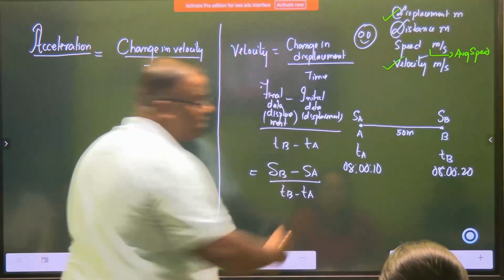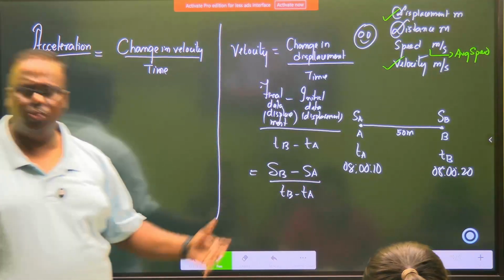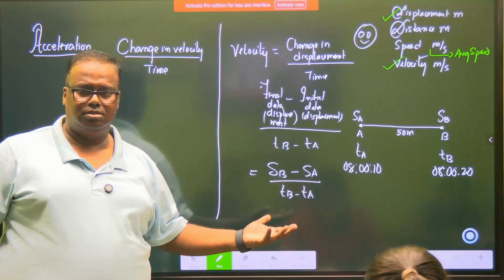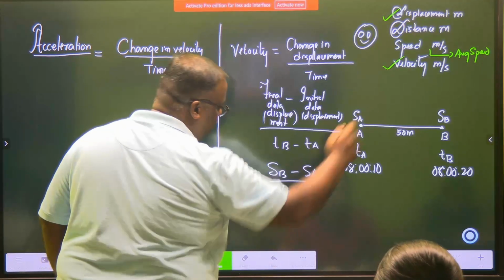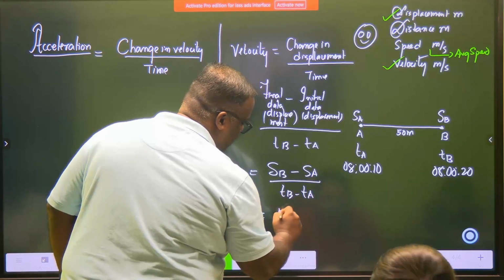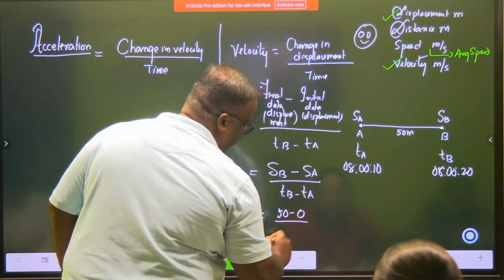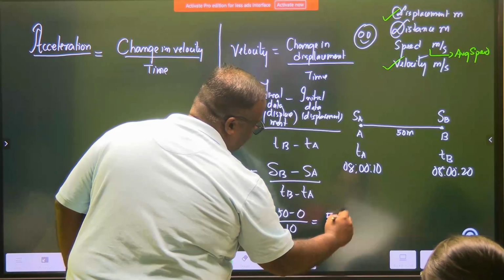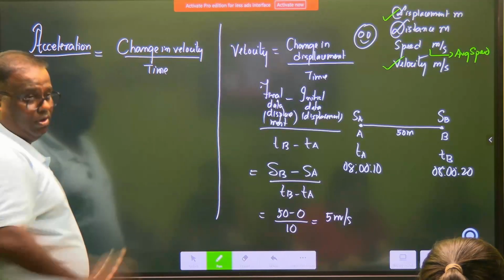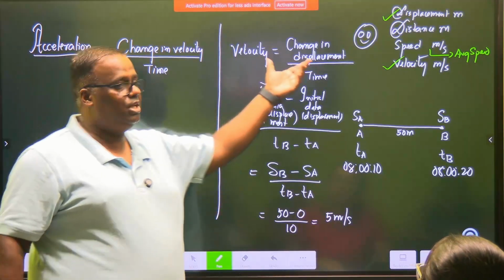Then how much has the time elapsed? 20 seconds minus 10 seconds, 10 seconds. Understood? So how much will our velocity come out? How much did you move? 50 minus 0 over 10. So your velocity is how much? 5 meters per second. This is how velocity comes up. It's always a change in displacement.